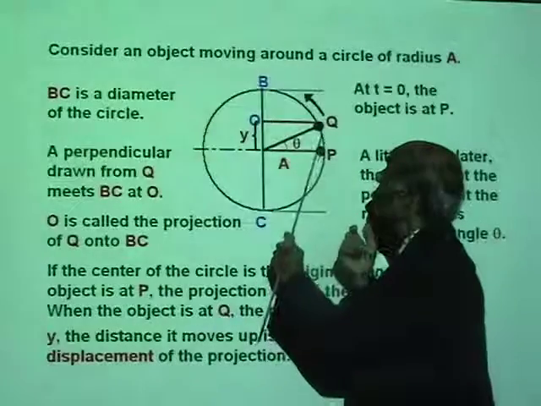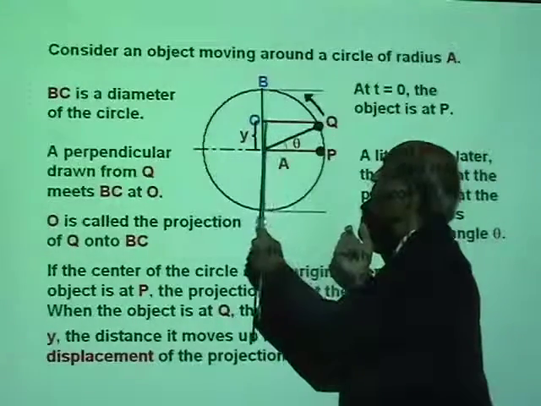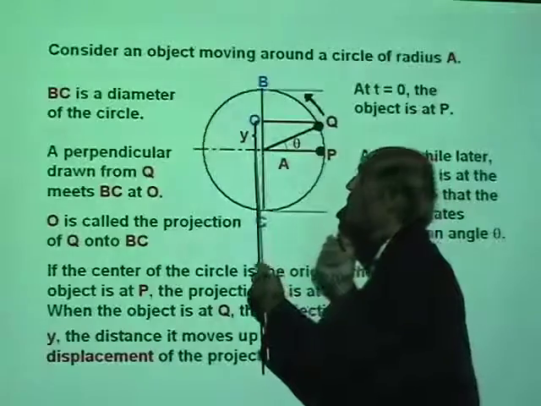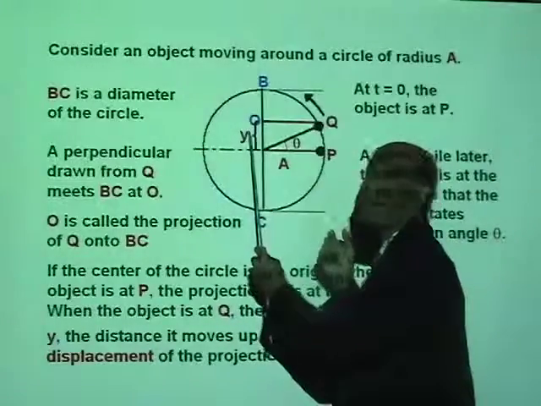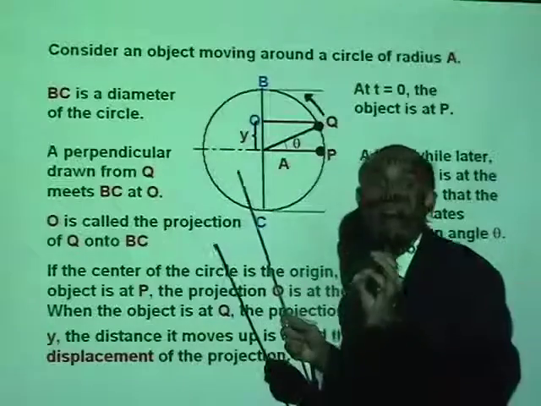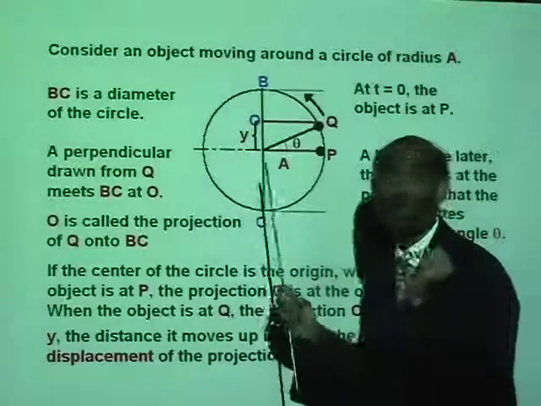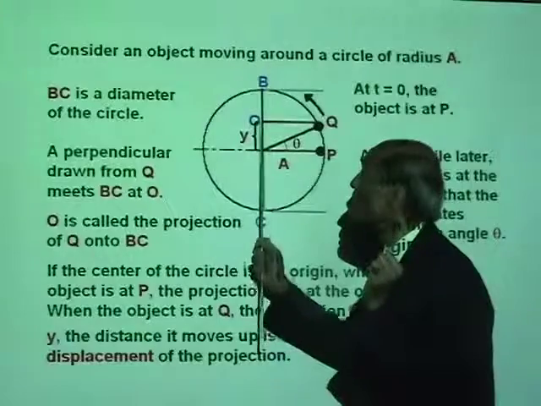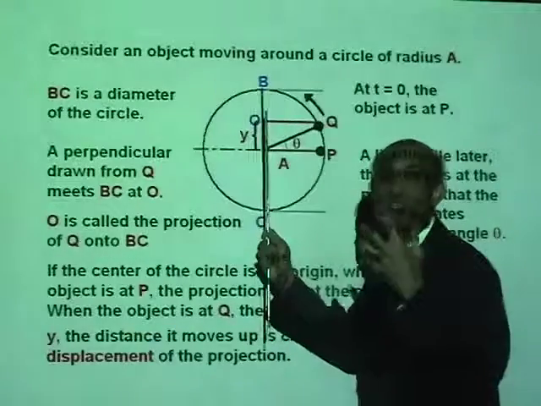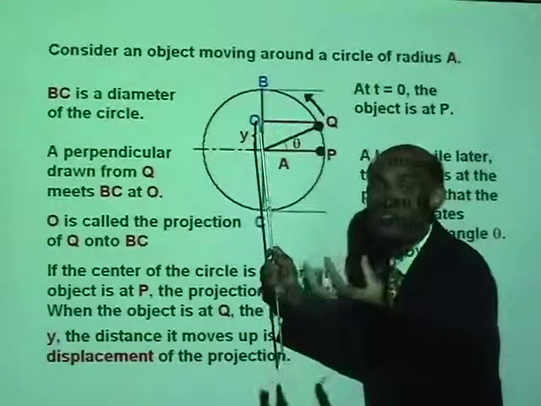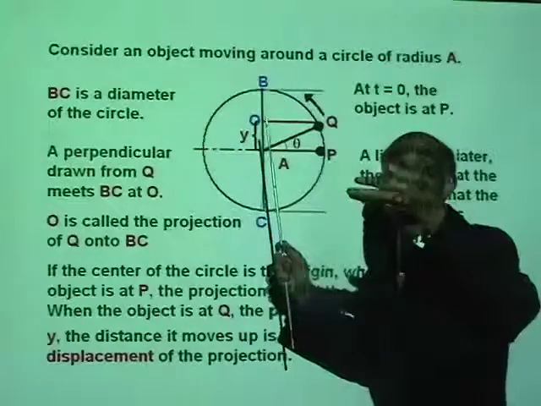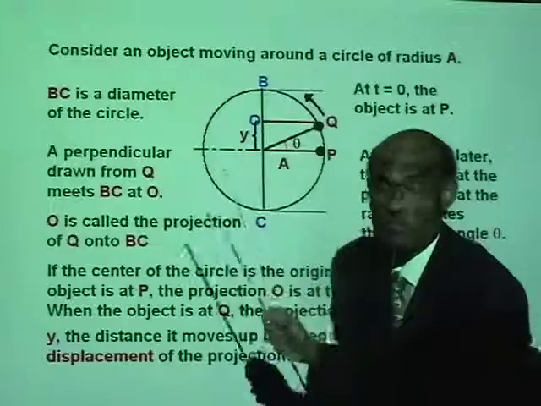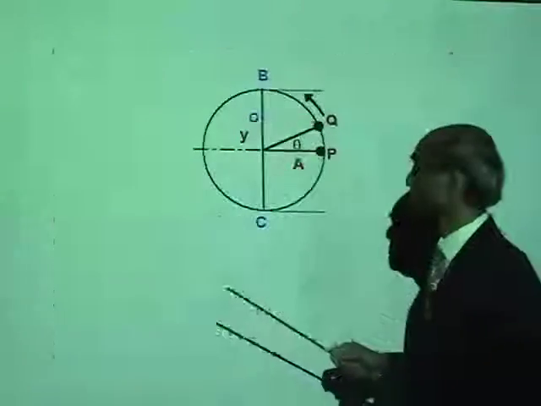And when the object is at Q, the projection is at O. That means the projection has now moved up through a distance y, and we call that the displacement. In other words, the movement of this point O is going to be exactly the same as the movement of the loaded spring. Alright? This is what I'm aiming at.